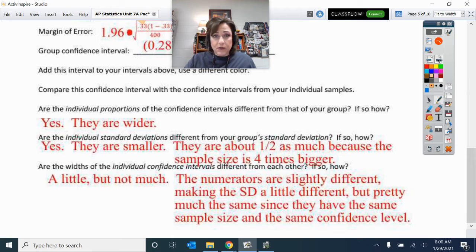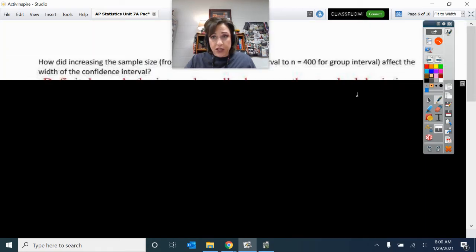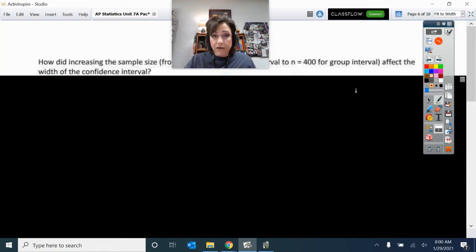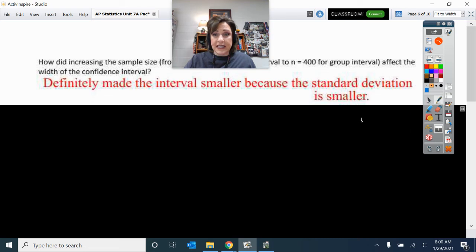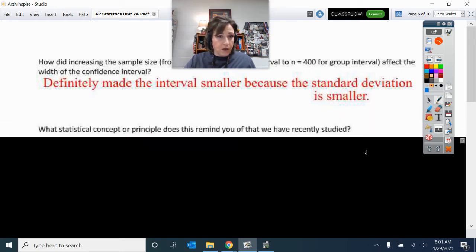Now let's take this forward. How did increasing the sample size to 400 affect the width of your confidence interval? We've already seen that. It definitely made the interval smaller because that standard deviation is smaller. All right. What statistical concept or principle, what unit did we just finish talking about, does this remind you of?